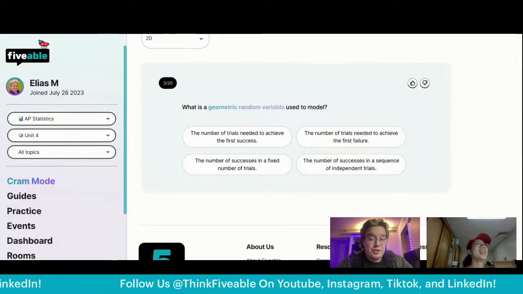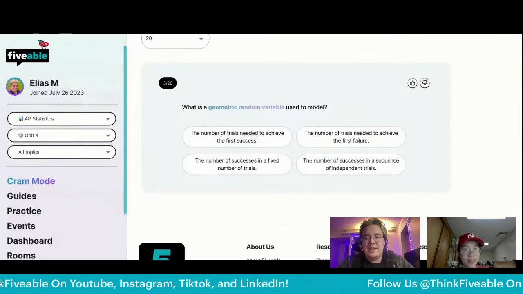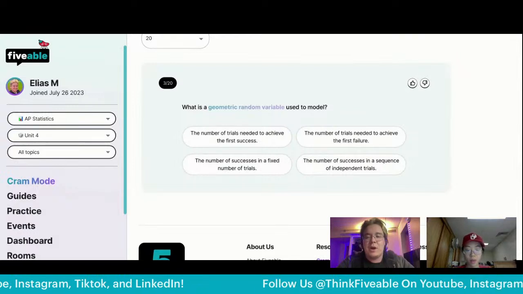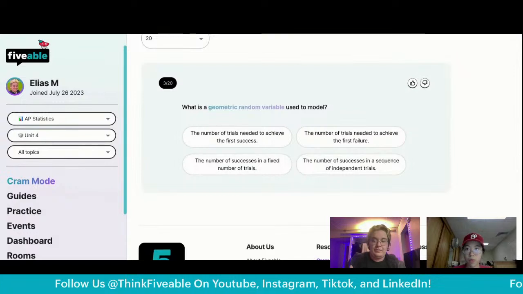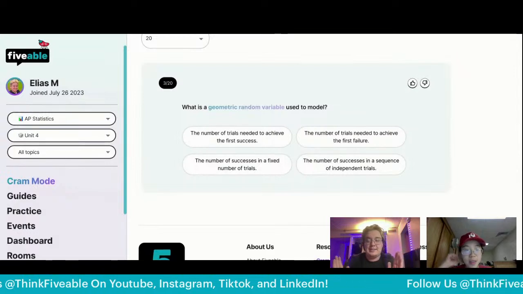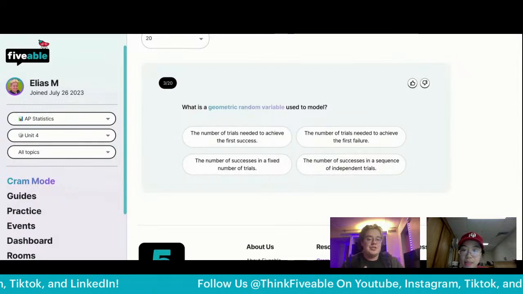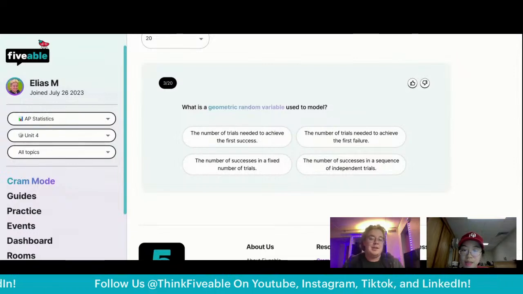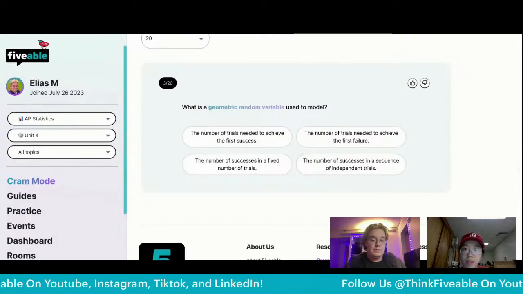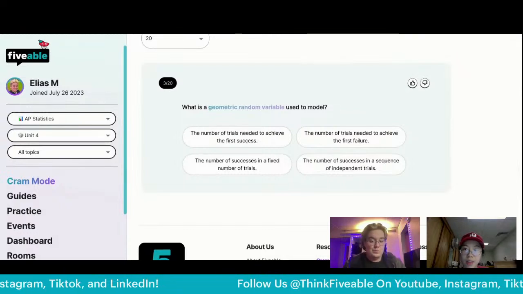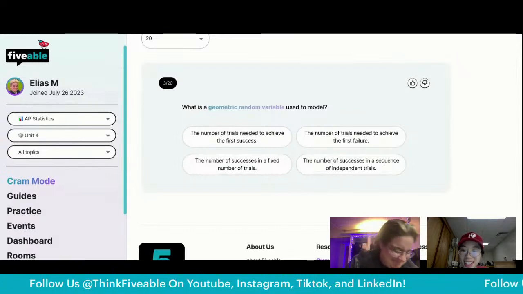Do you know what the features are? One of the first that comes to mind is it's used when someone is modeling a series of experiments that have two outcomes, the success or the failure. And if I remember correctly, geometric has something to do with the number of times something is done before a success. Sounds about right to me.